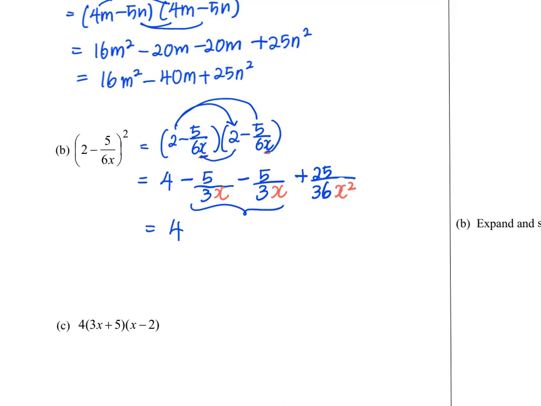So this will give me minus 5 over 3 minus another 5 over 3. That gives me, in improper fraction please, for algebra, don't write mixed number, negative 10 over 3, and x is now in the denominator, plus 25 over 36 x squared. So this will be the final answer. Have you gotten the concept?